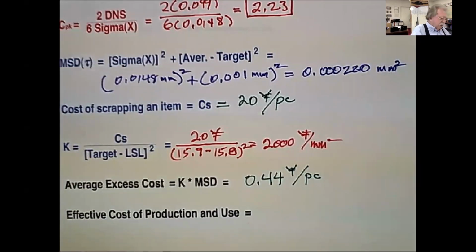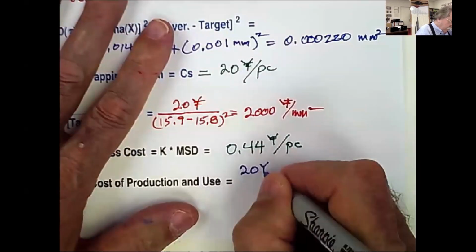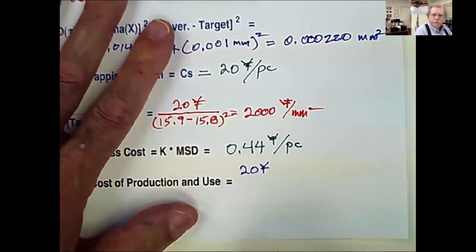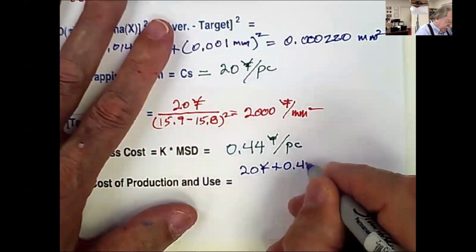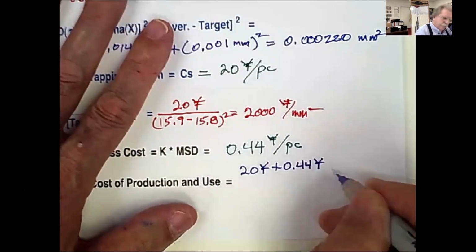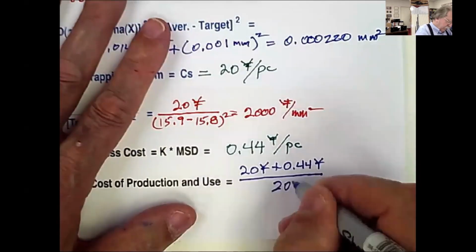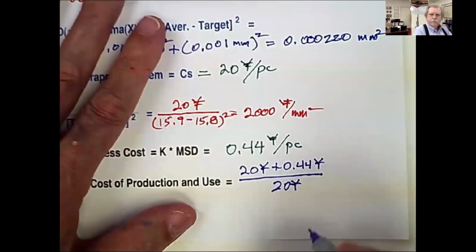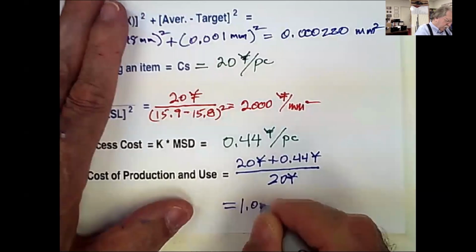So the effective cost of production and use is 20 yen plus 44 hundredths of a yen divided by 20 yen, which is 1.022.